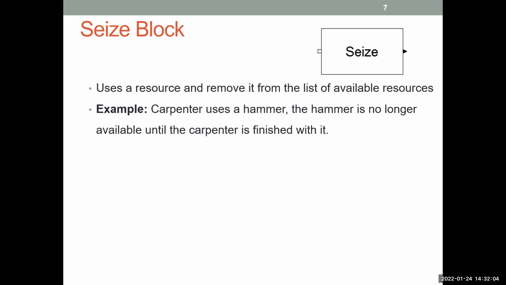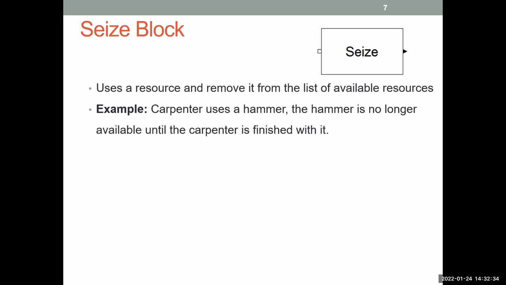The first one of those models is called the seize block, and it uses a resource and removes it from the list of available resources, basically saying, okay, an entity has arrived. It needs to be processed. So I'm going to use this seize block to find out if there's any resource available that can process this machine. That's basically what the seize block is doing.